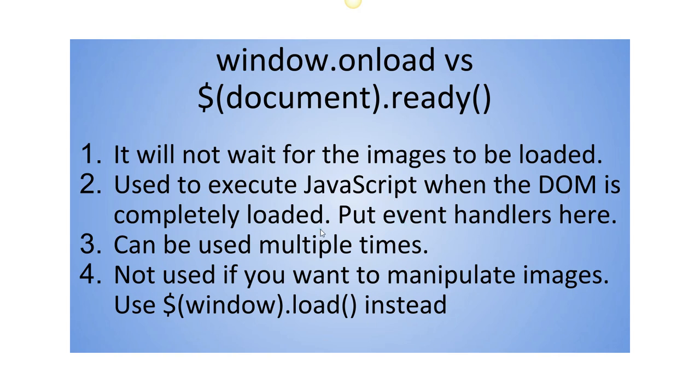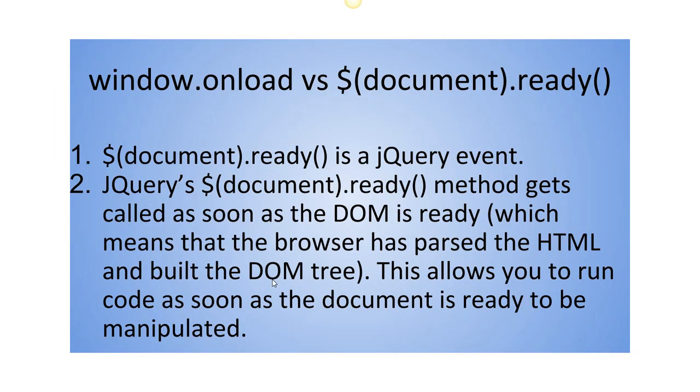These are a few points, and there is one slide as well, so let's move quickly to another slide. Actually it is the same thing we discussed earlier: $(document).ready is a jQuery event. jQuery's document.ready method gets called as soon as the DOM is ready, which means the browser has parsed the HTML and built the DOM tree.